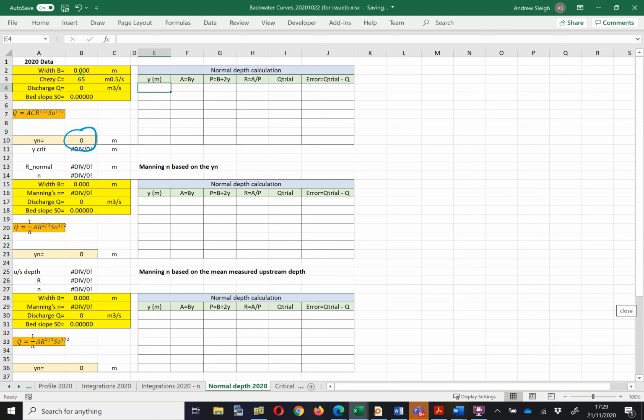Remember, you're going to have to do this for the Chezy, and you're going to have to do it for Manning's. Now for Manning's, this is all set up for you, but you have to choose an appropriate depth. You set that yourself as part of the calculation.